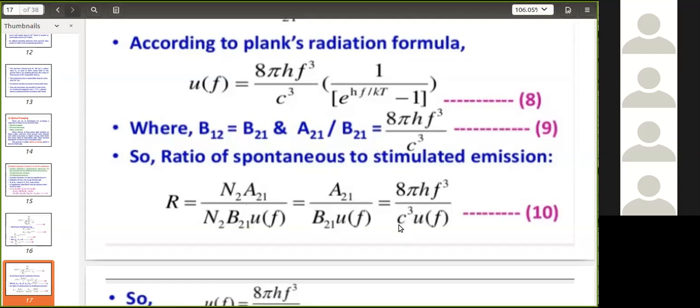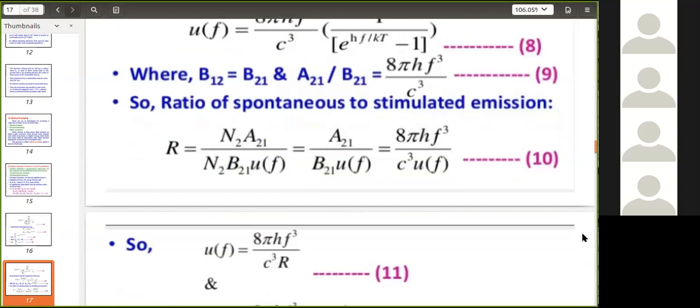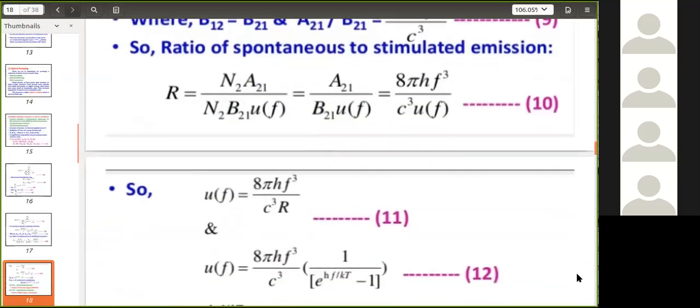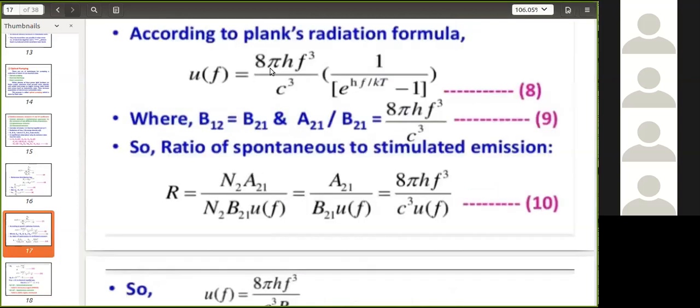So we see that the rate ratio is proportional to f cube, or the frequency cube. तो frequency जितना ज़्यादा होगा spontaneous emission का rate उतना बढ़ेगा, stimulated emission का rate घटता जाएगा. And एक और चीज़ मिली है हमें, B12 is equal to B21, that is the coefficient for stimulated absorption is equal to the coefficient for stimulated emission.